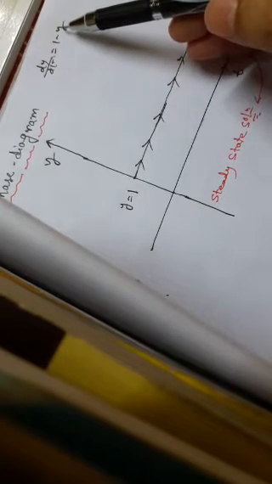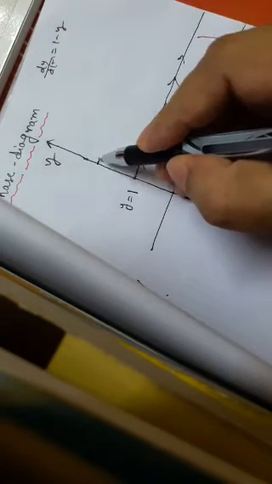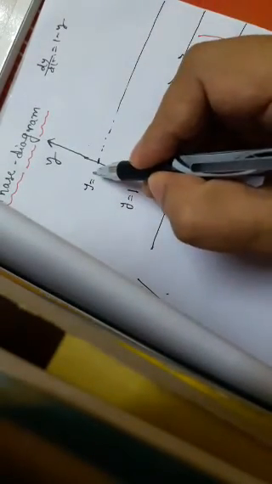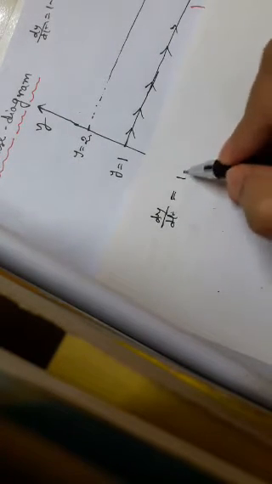Now see, we have dy/dt is equal to 1 minus y. Now if we consider this line y is equal to 2, our differential equation is dy/dt is equal to 1 minus y.